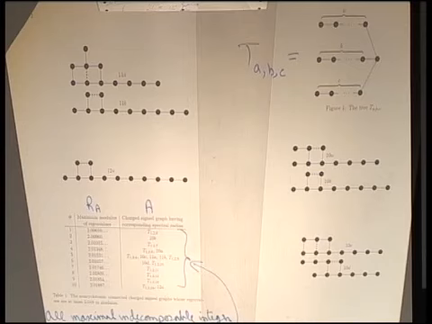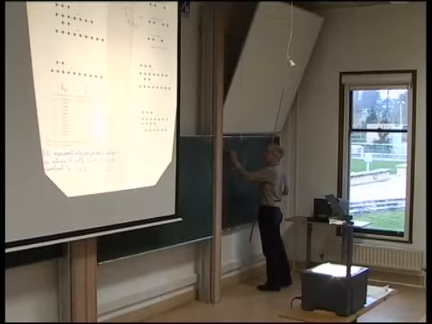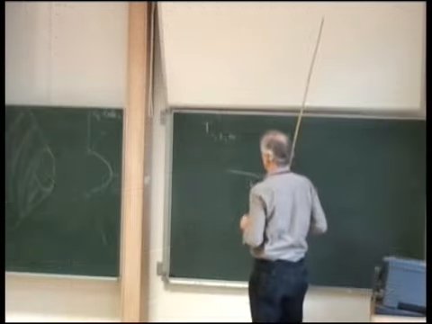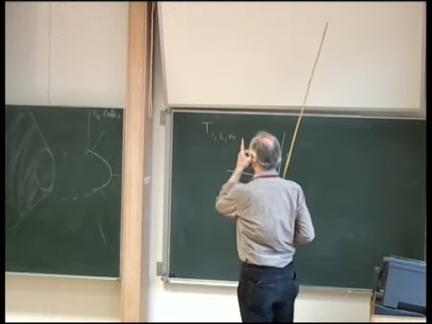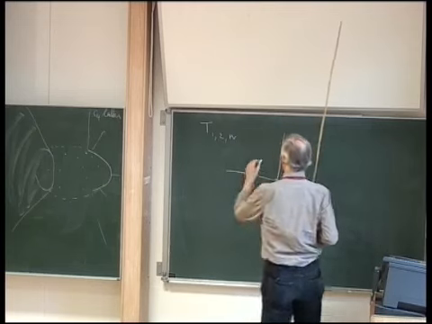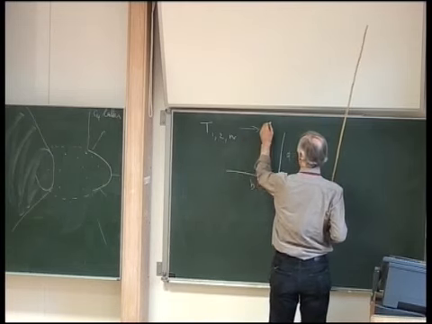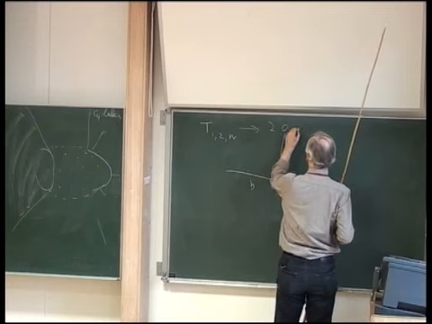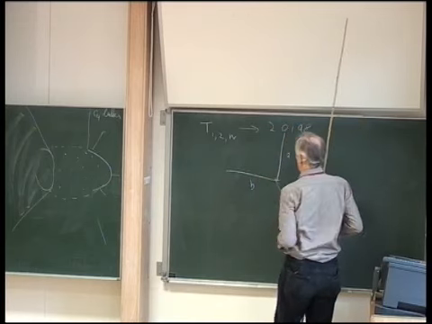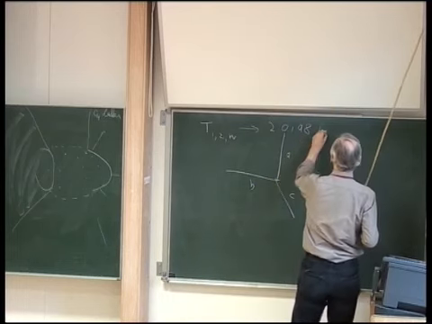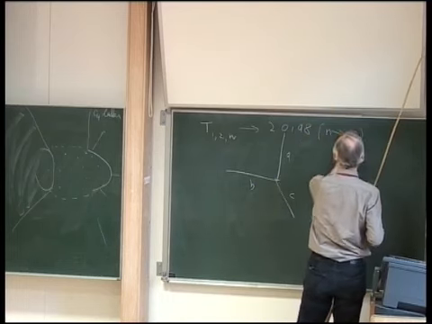The reason we don't go much further is that for the tree T1 to N, the radius of that goes to 2.0198 as n goes to infinity.